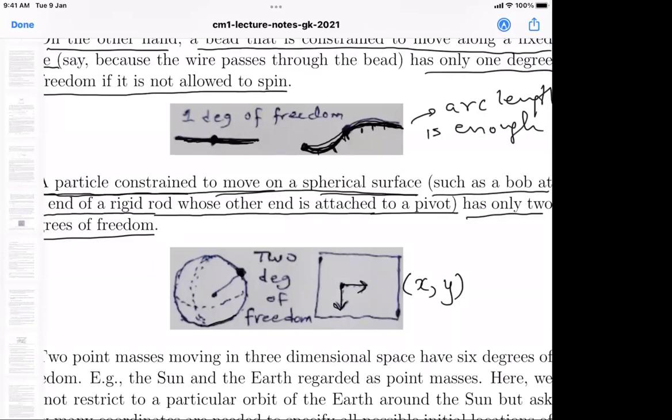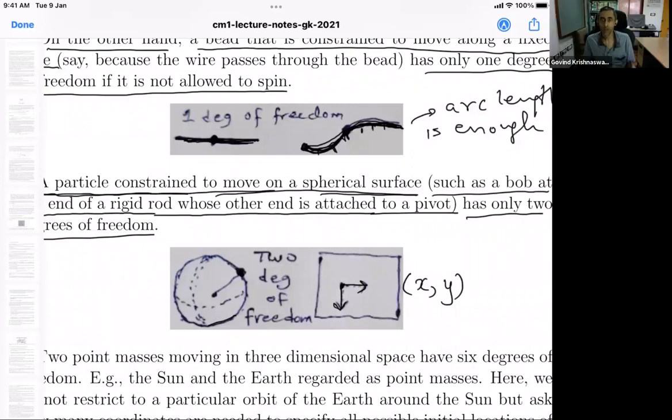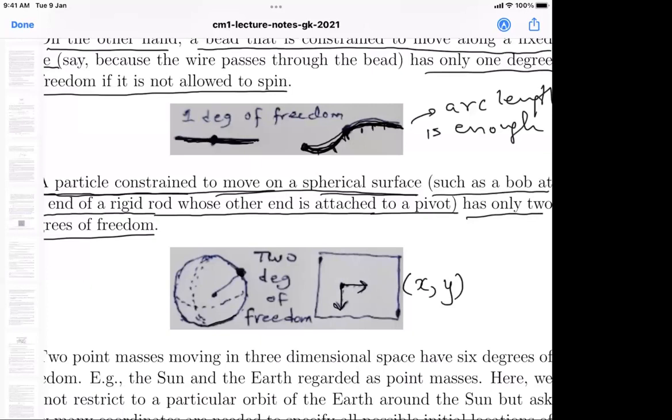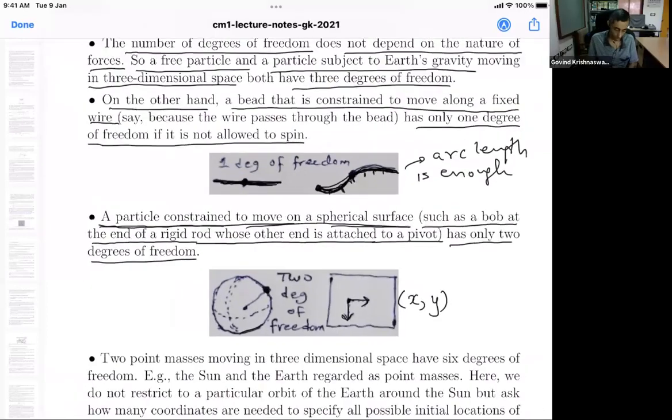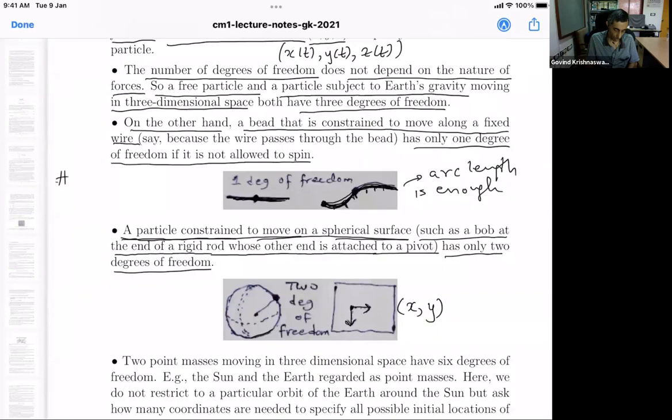Okay, so thank you, sir. Parameters to describe the motion. Exactly. How many free parameters do you need to describe the instantaneous location of the particle? So I can write that down. Number of degrees of freedom is the number of parameters.